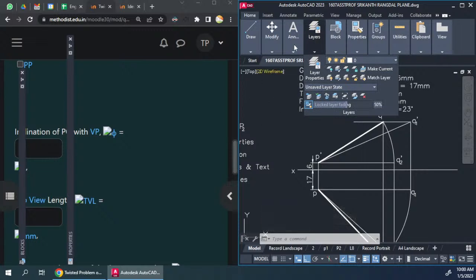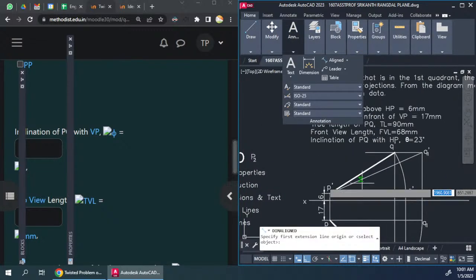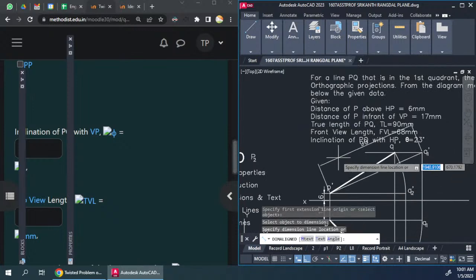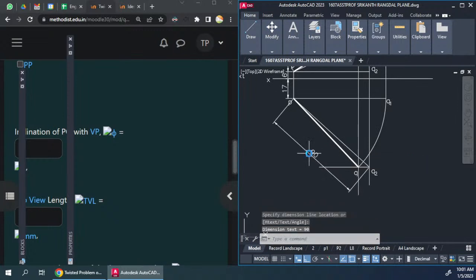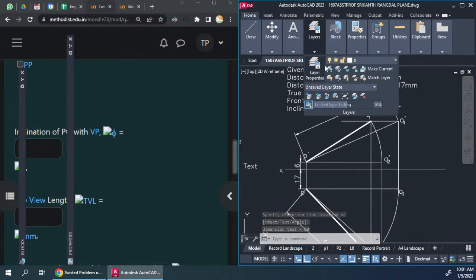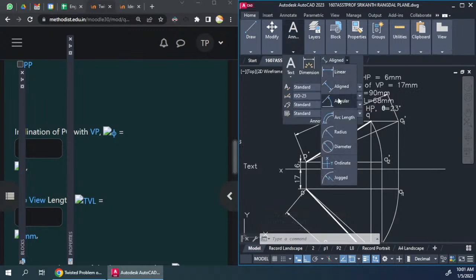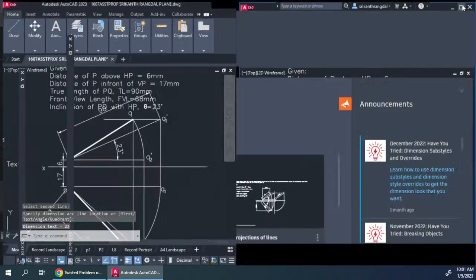So let's feed in the true length. We'll have to take aligned dimension for that. Let's take true length over here and true length over here. Then theta angle is given to us, so let's put angular measurement of theta. This here is theta.